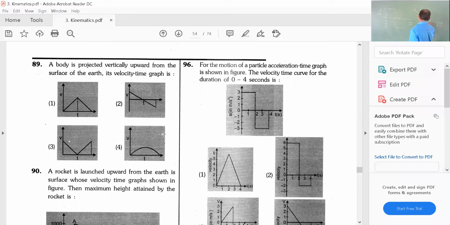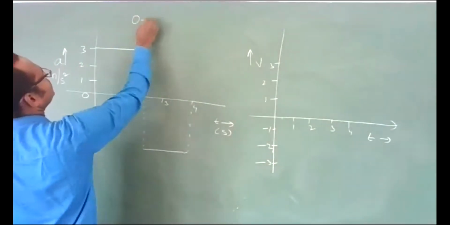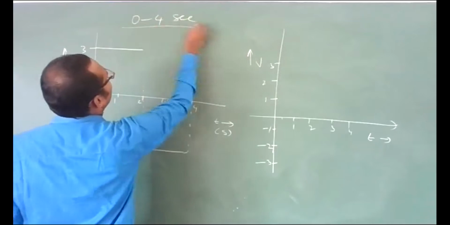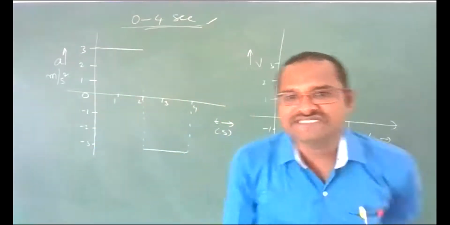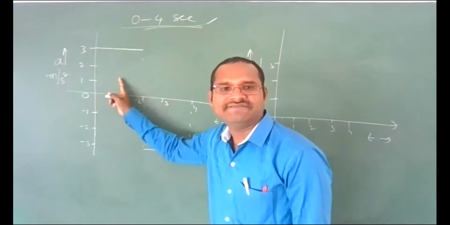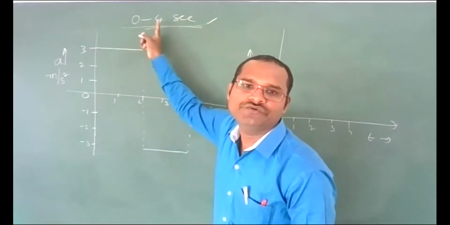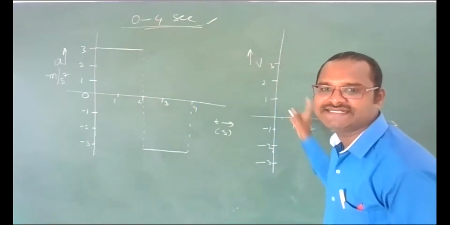Here 1, 2, 3, 4 seconds. So we want velocity and time graph from 0 to 4 seconds. First graph they have given this, and from this graph up to 4 seconds they are asking to draw velocity and time graph.